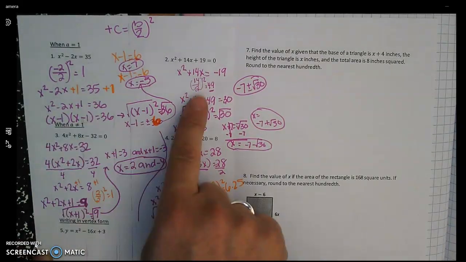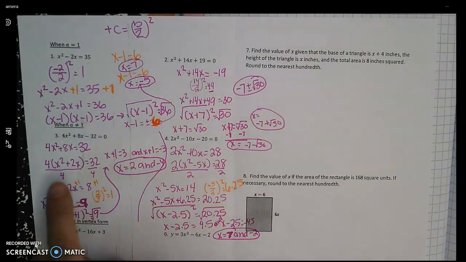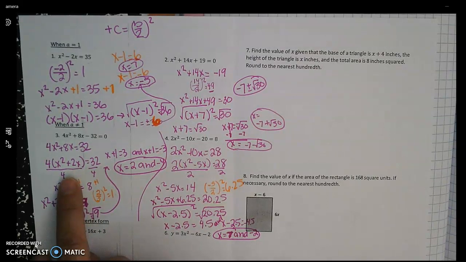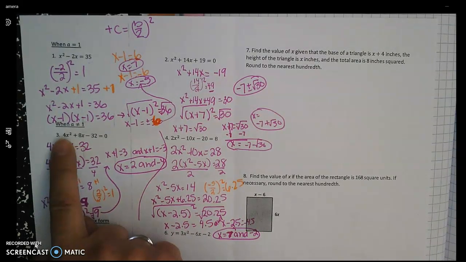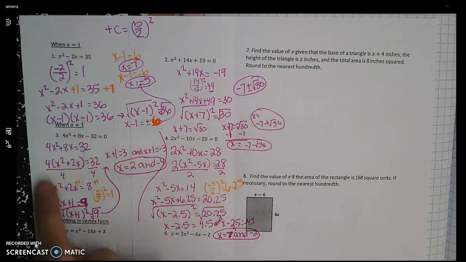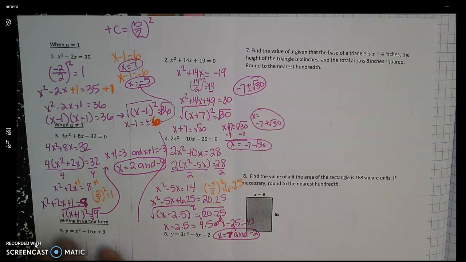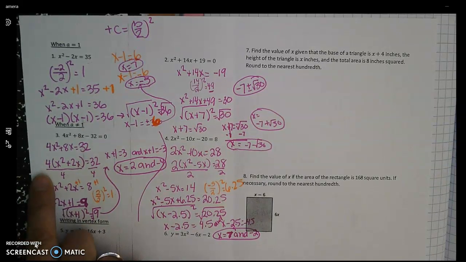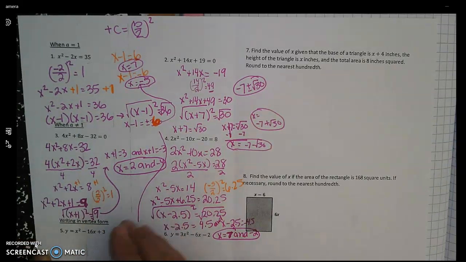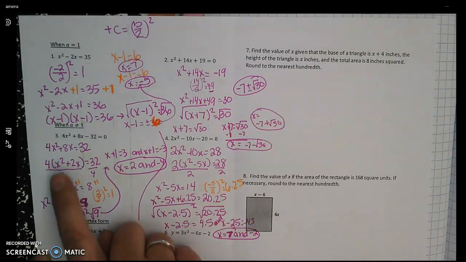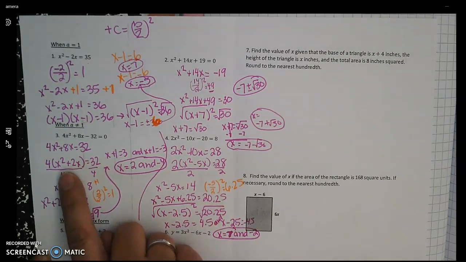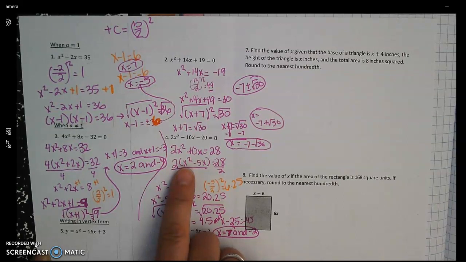We did that with a couple of different examples where there was no a value, but then we did it with an example where there was an a value. And by a value, I just mean a coefficient of that x squared. When there was an a value, we had to factor out that common factor, which was your a value, before you ended up finding that perfect square trinomial, right? Okay.